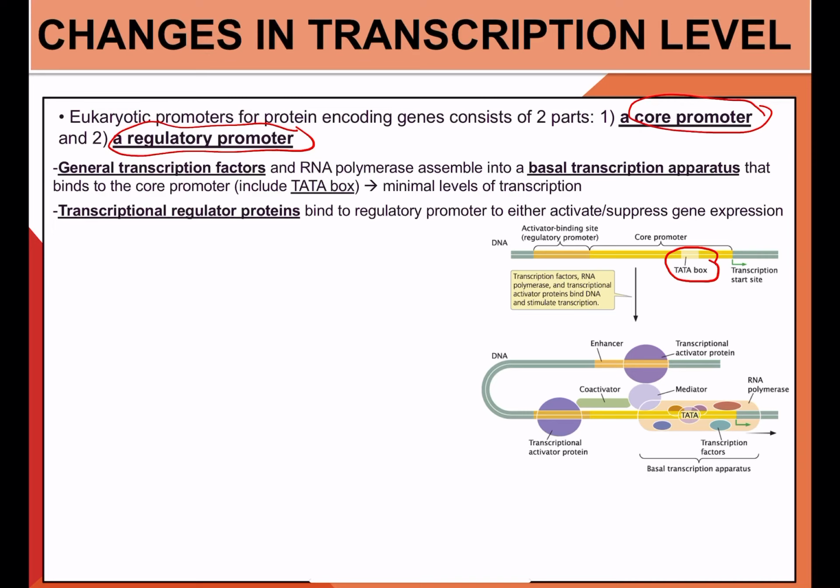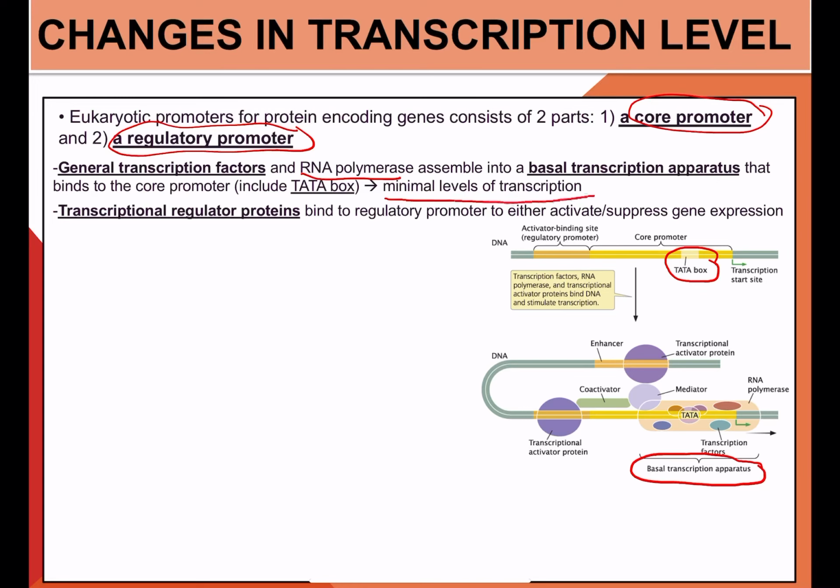So those general transcription factors, along with your RNA polymerase, will assemble on the core promoter to make what's called the basal transcription apparatus. This basal transcription apparatus, though, will only allow minimal levels of transcription. You need something more to turn that gene on or express it at a higher level.